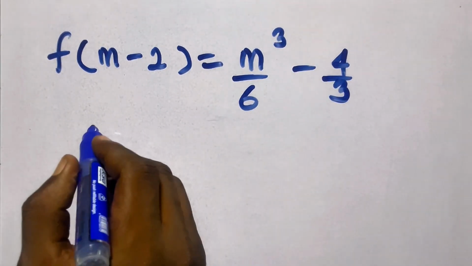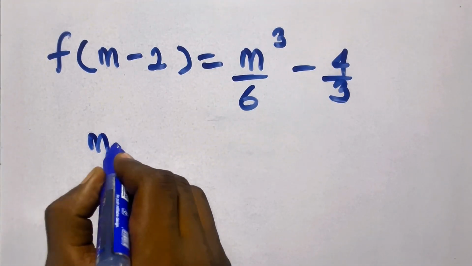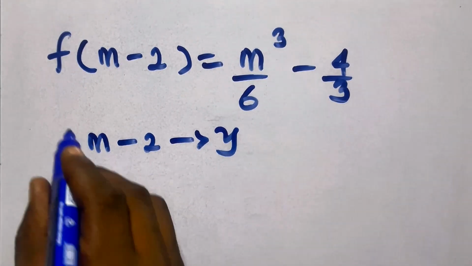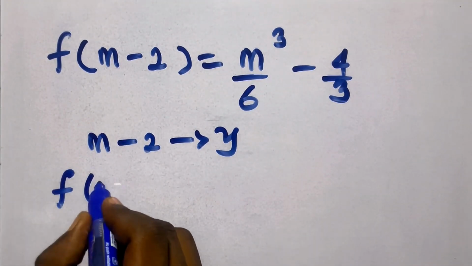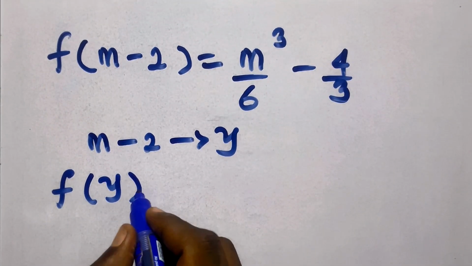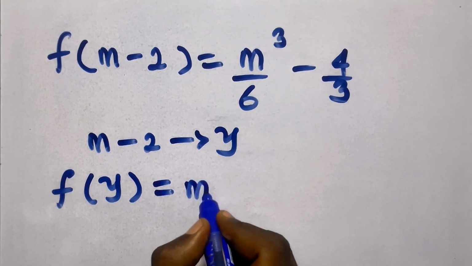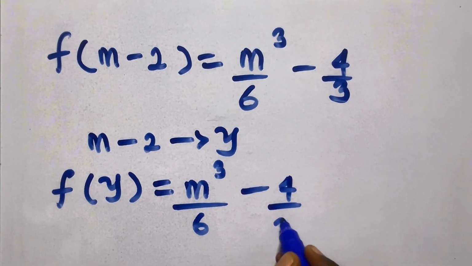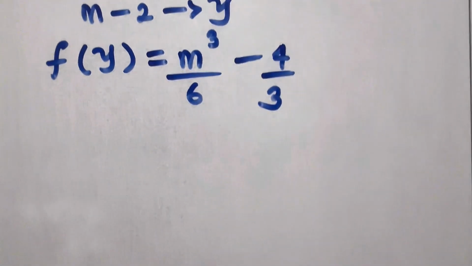So let's do something interesting here. If we let m minus 2 be equal to y, we are going to have f of y equals m raised to the power 3 divided by 6 minus 4 divided by 3. All right.